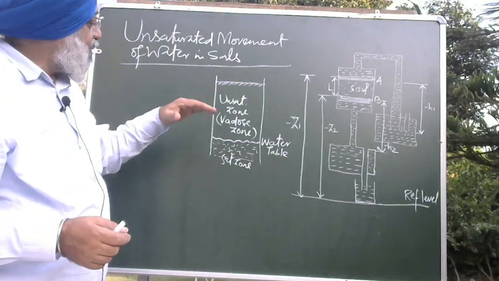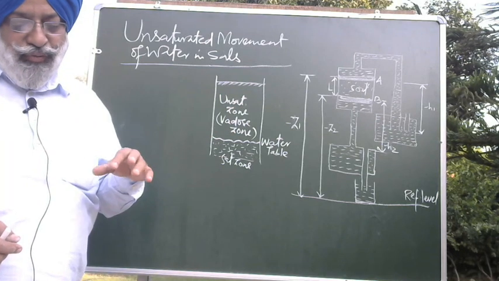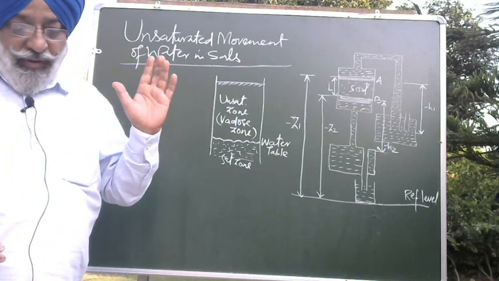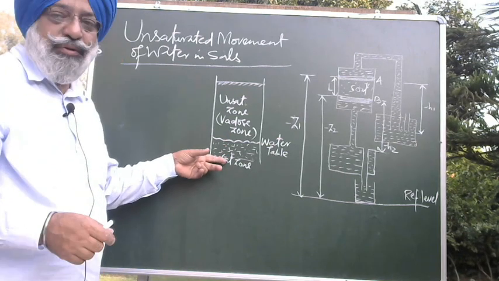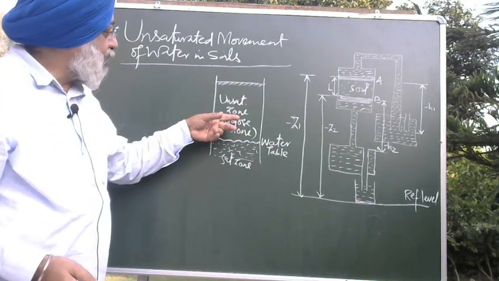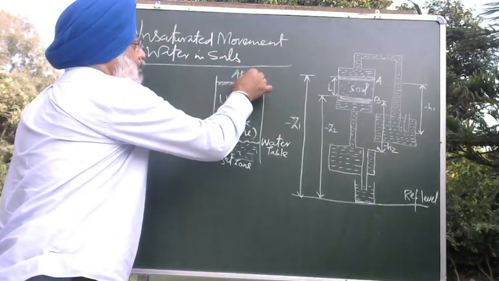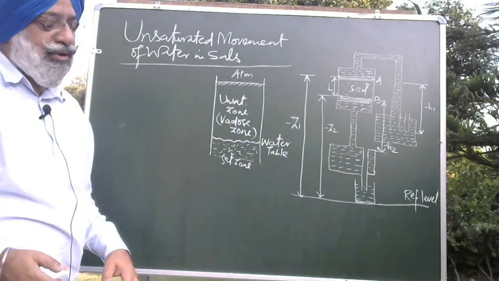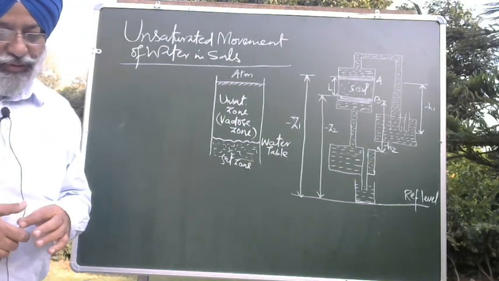First of all, it provides us with a continuum of water: first you have the saturated zone of water, then the unsaturated zone, and then you have the atmosphere over here. This is the atmosphere. So it is basically a continuum between the unsaturated zone and the saturated zone.